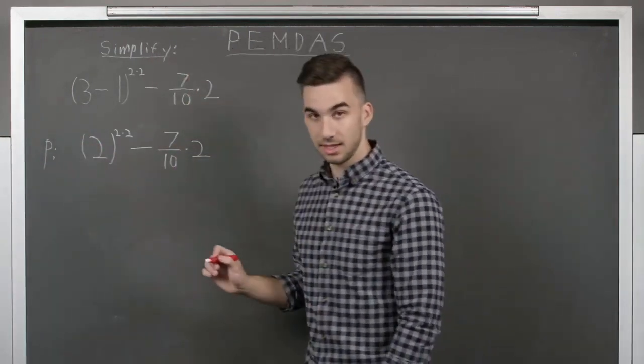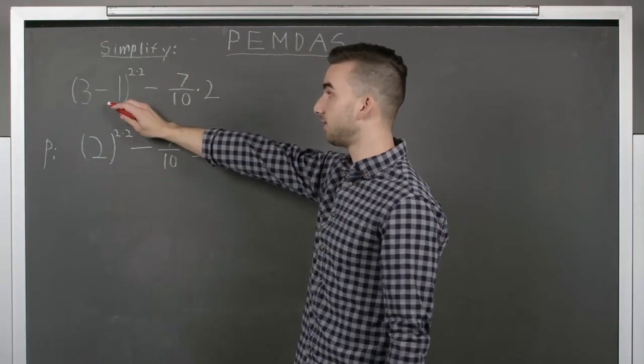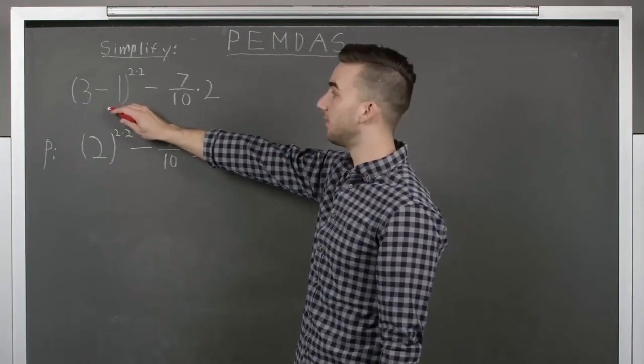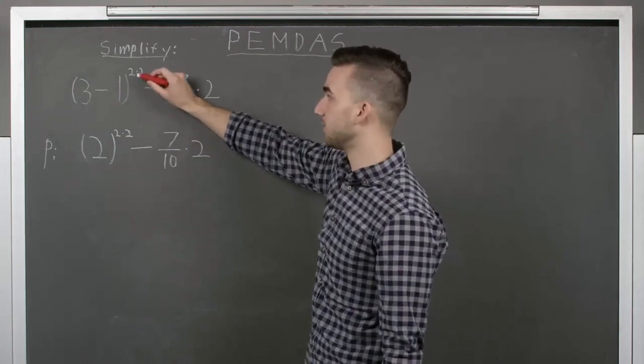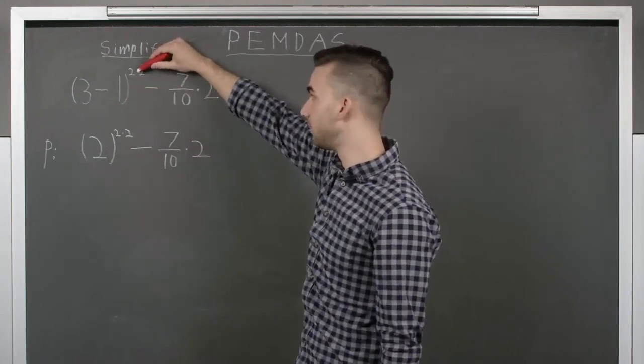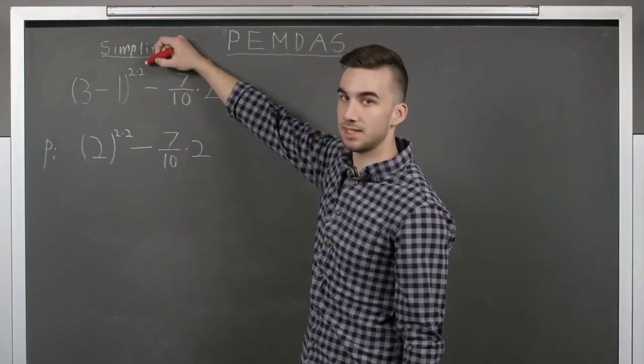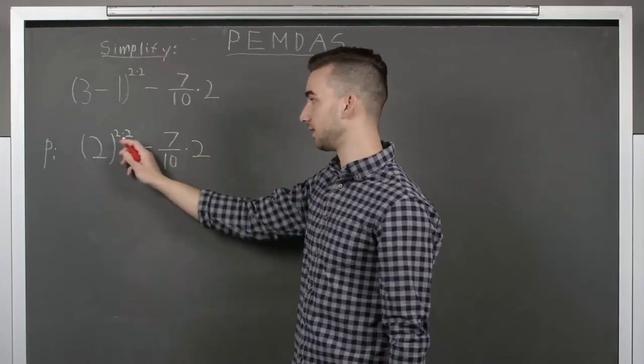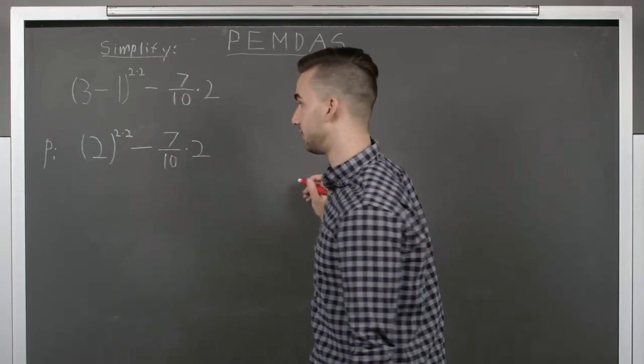And you might think that we cannot do subtraction yet, but we can because it's inside of the parenthesis. And you'll see up here when we do exponents next, we do the multiplication because it is inside of the exponent. And that is actually our next step.